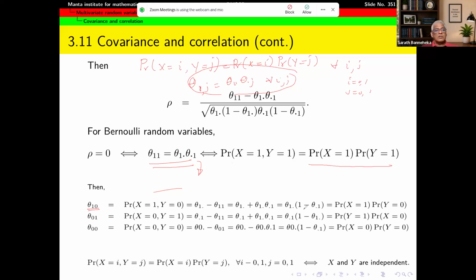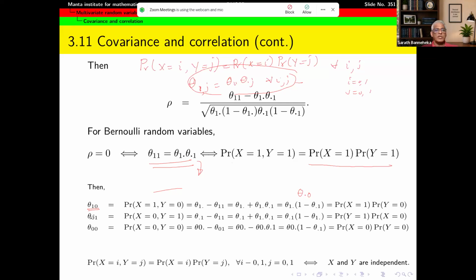times theta dot 0, right? Because 1 minus theta dot 1 is equal to theta dot 0. So therefore, we can prove that theta 1, 0 is equal to theta 1 dot times theta dot 0. So that is one requirement here.